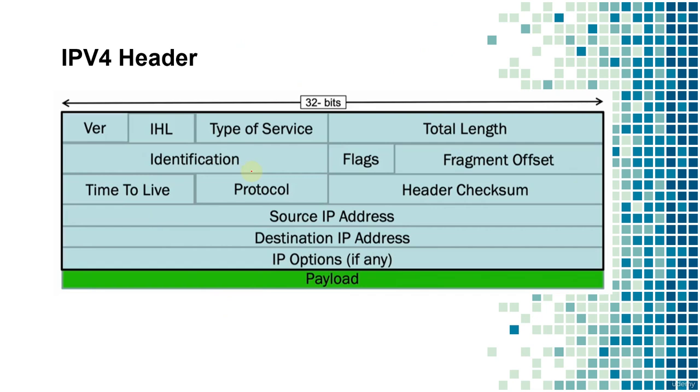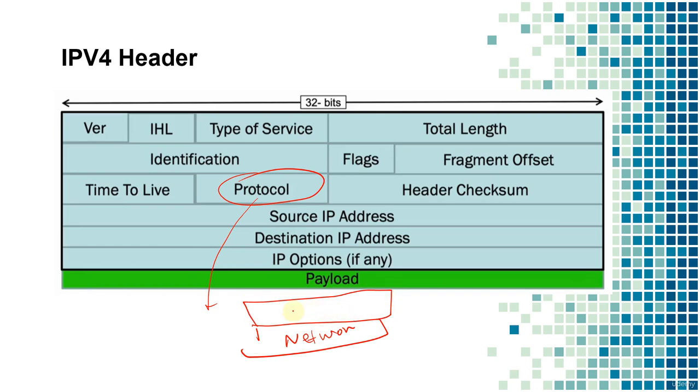Then we have the protocol field. We know that at the OSI layer, IPv4 works at the network layer, and it is going to receive this information from the transport layer. And in the transport layer, we know what protocols work: TCP and UDP.